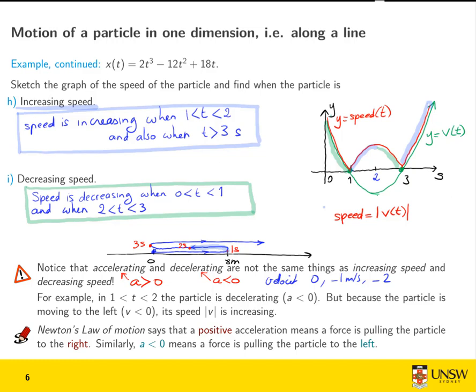Between 1 and 2 seconds, your acceleration is negative, so it means something is pulling the particle to the left. So if initially the particle was at rest with the velocity equal to 0, something pulls it to the left, it's moving to the left faster and faster. That seems very natural. So the speed will be increasing and the velocity, as we said, will be decreasing.